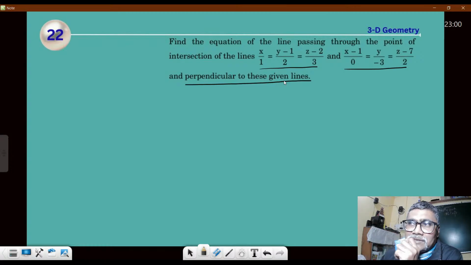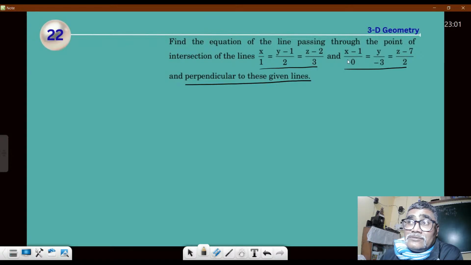So you first have to find the point of intersection of these lines. How do you find the point of intersection? You have to find an arbitrary point on this. I already showed you how to find it. It will be lambda. Then a point on this, you will equate this to lambda and say that the point will be of the form (2 lambda plus 1), and then the z coordinate will be 3 lambda plus 2.